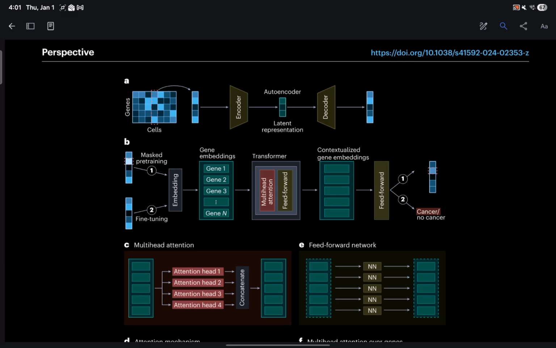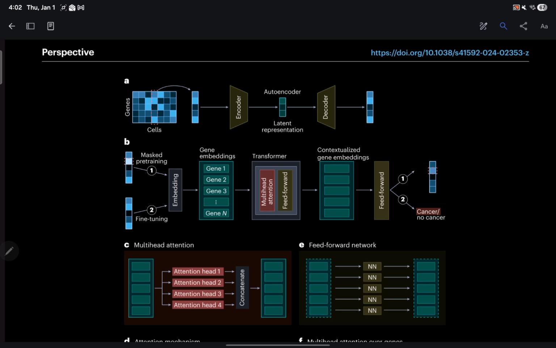And then you have transformers, which can have different training. You have the MLM, or masked language modeling. Basically, you have something like this. You have the gene embedding, and you mask some genes and try to predict them.